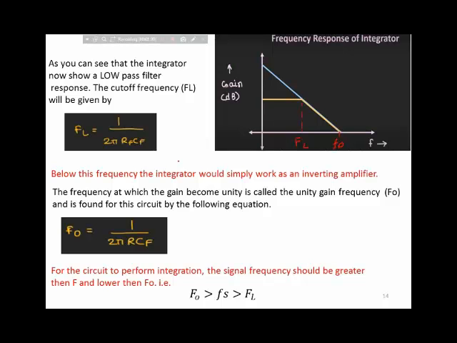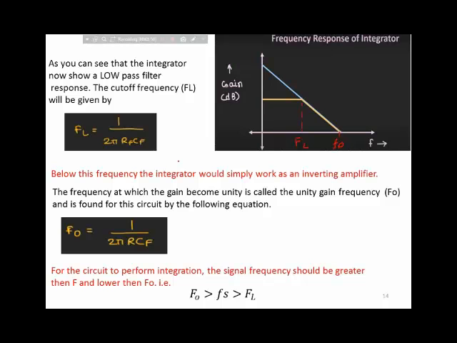The signal frequency should be greater than FL and lower than F0. So in this range, for a signal frequency between FL and F0, the circuit would perform integration, and below FL the circuit would give a constant gain and behave like an inverting amplifier.